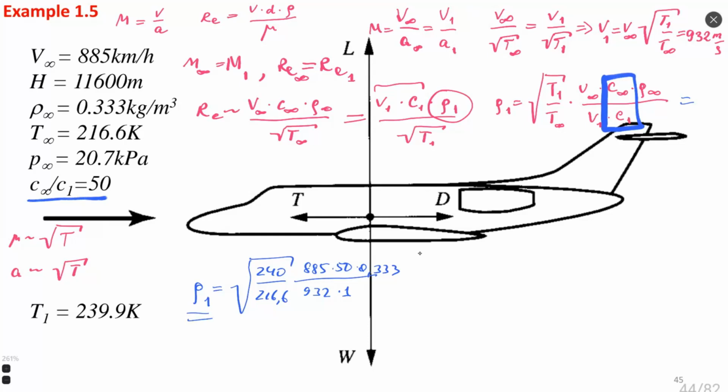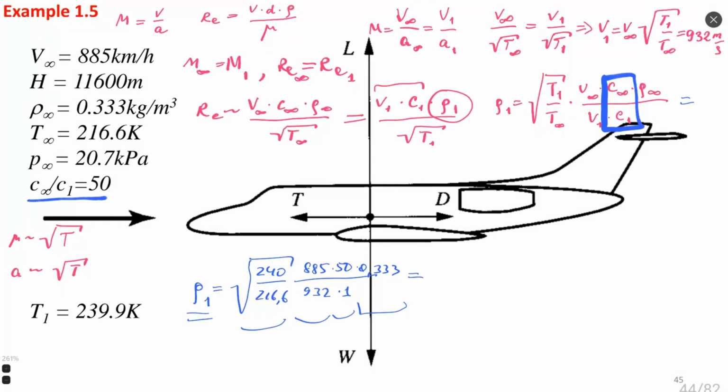We divide temperature by temperature, Kelvin by Kelvin here, then meters per second by meters per second. Here, this proportionality coefficient is dimensionless, 50 to 1. And we have just density in the numerator of this formula.